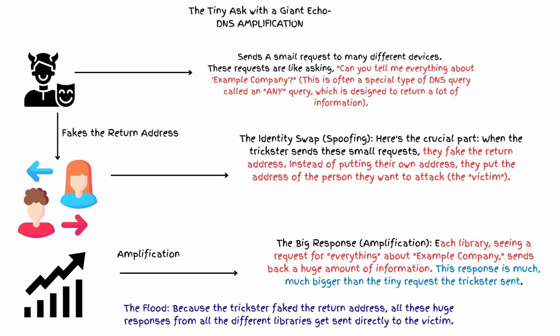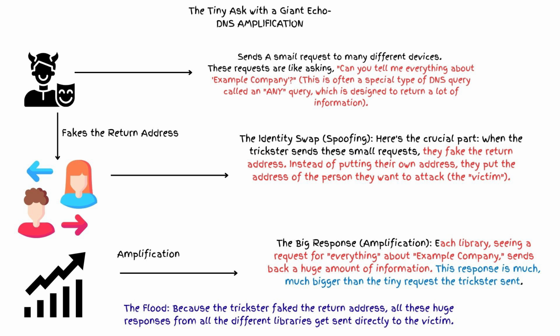Secondly, in the DNS question section of this query, the attacker often requests a verbose record type like an ANY query for a common domain. An ANY query asks for all available records for a domain, which is designed to return a very large amount of information.